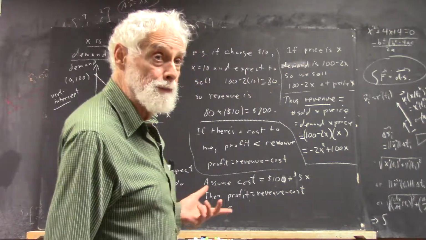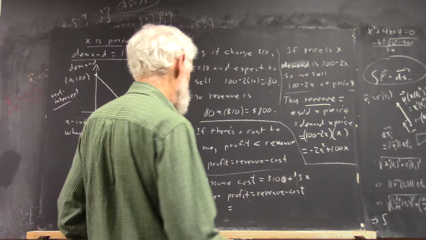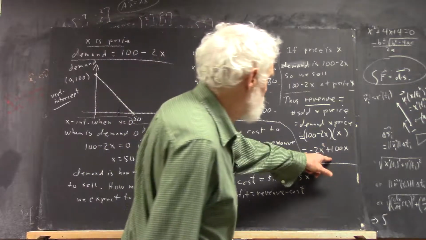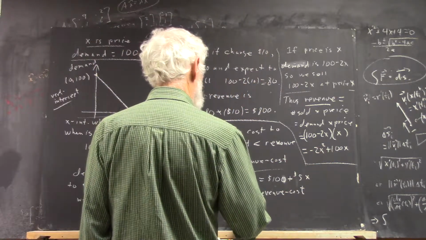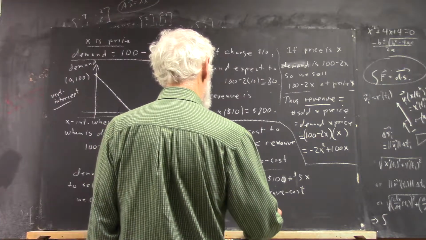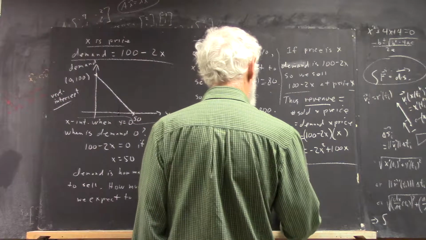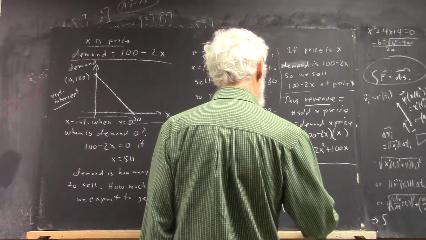Now, the cost is this. Profit is revenue minus cost. Now we've got an expression for the revenue, we've got an expression for the cost. That's negative 2x squared plus 100x minus the cost, which is 100 plus 5x.